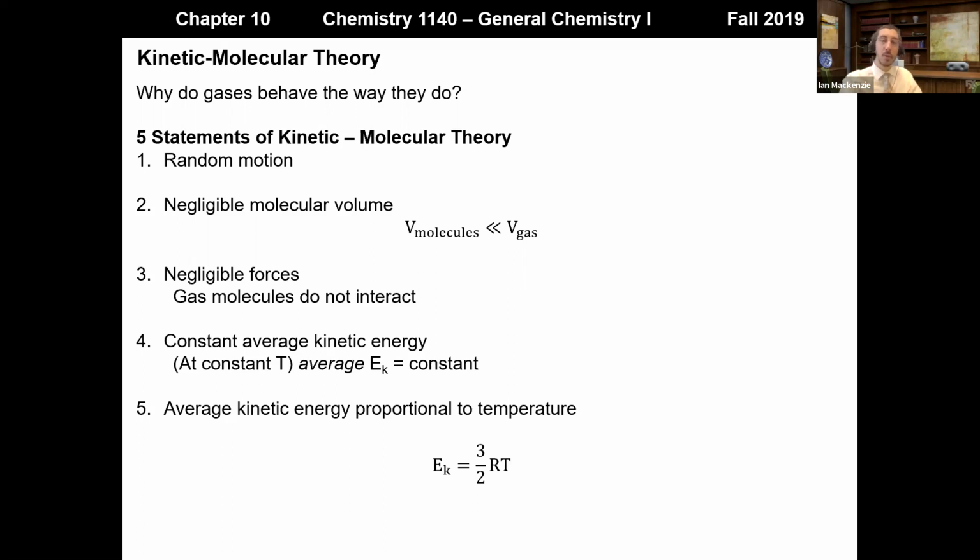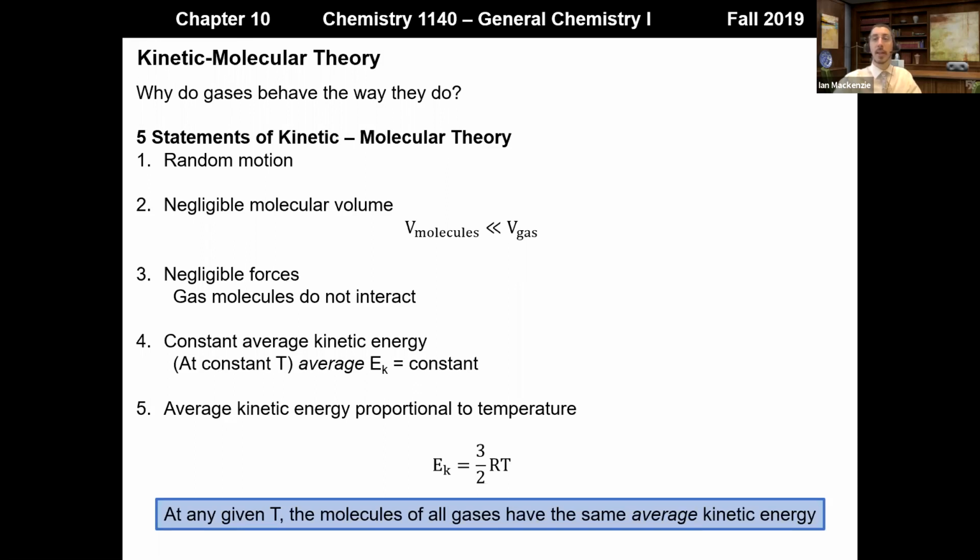Now, where are we going with all of this? Well, the summary statement from these last 2 points is just that at any given temperature, the molecules of all gases, regardless of the identity of the gas, have the same average kinetic energy.